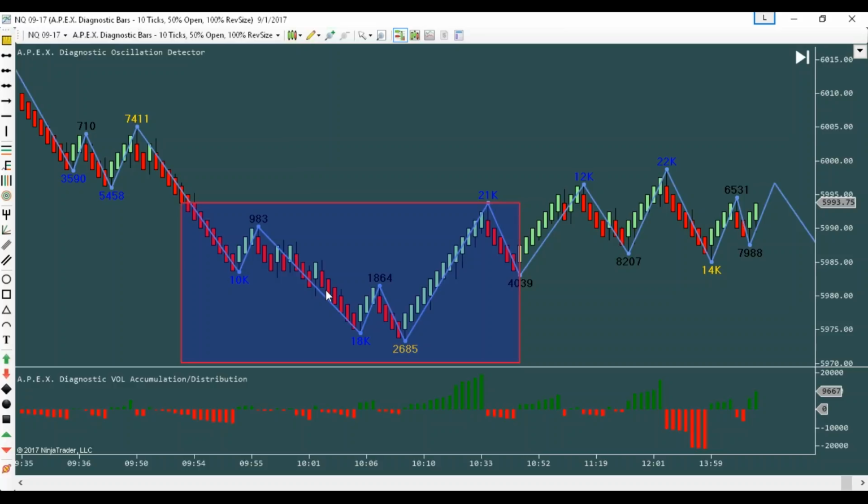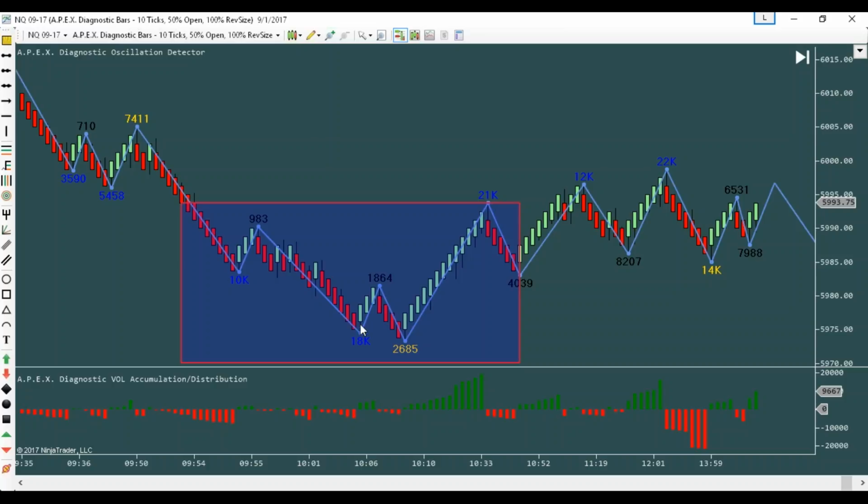And what it could be is that, remember I explained to you that VAD calculates from bar close, right? Oscillation detector goes from high to low. So let's say, for example, there was a lot of volume in the wick of this bar right here. Does that make sense?